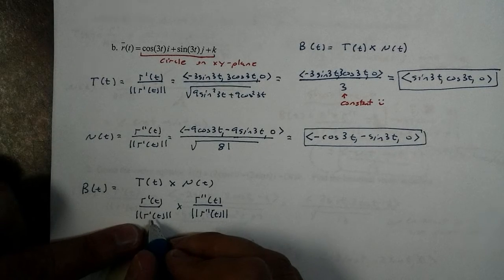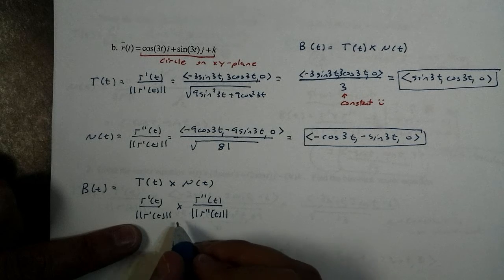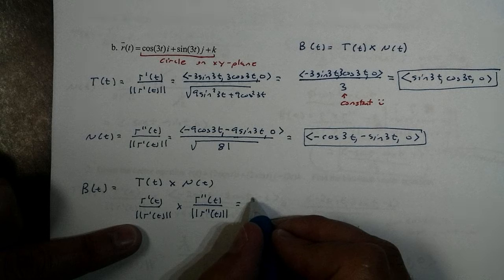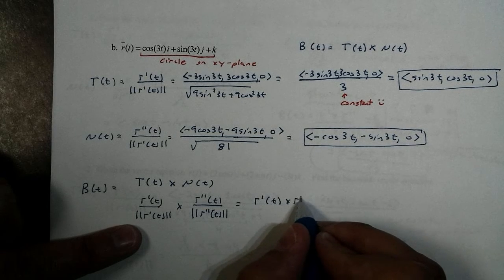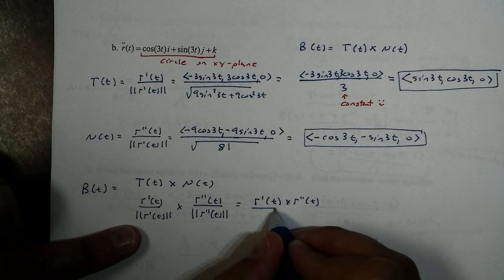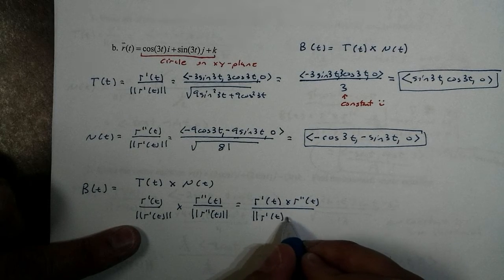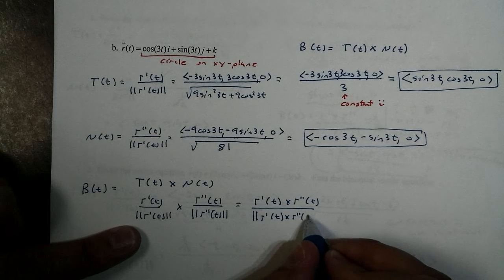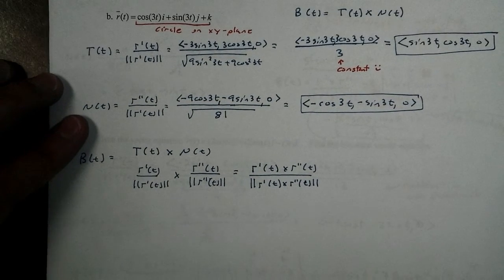Because if this is a constant, these can be factored out. So the shortcut is I can just take r prime of t, cross that with r double prime of t, divided by the magnitude of our cross product. There's our shortcut.